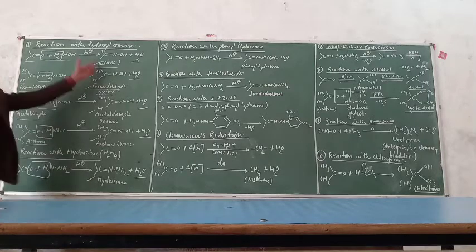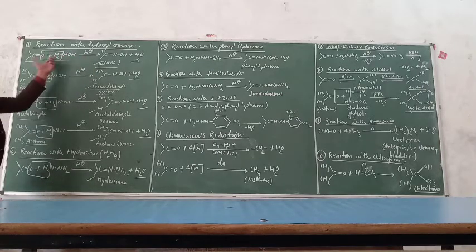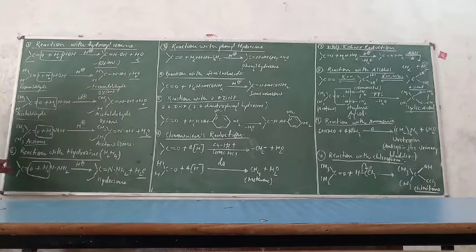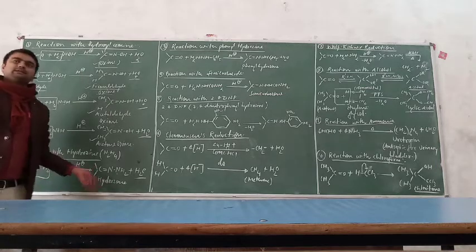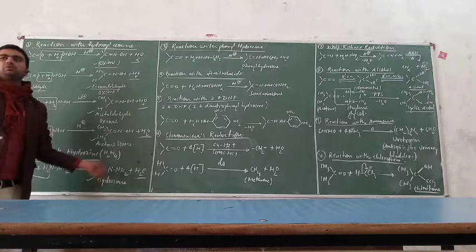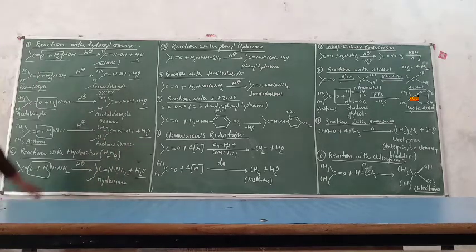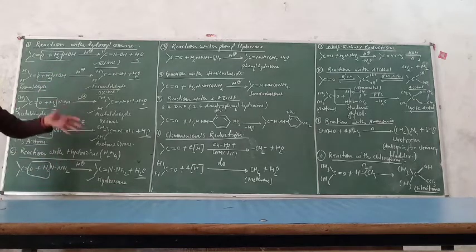When you use hydroxylamine, then the product is known as oxime. Clear? Suppose when you put hydrogen, then formaldehyde will form. Then the product names are formaldehyde hydrazone, acetaldehyde hydrazone, acetone hydrazone. Clear? So in this way you can prepare the other products like formaldehyde hydrazone and so on.